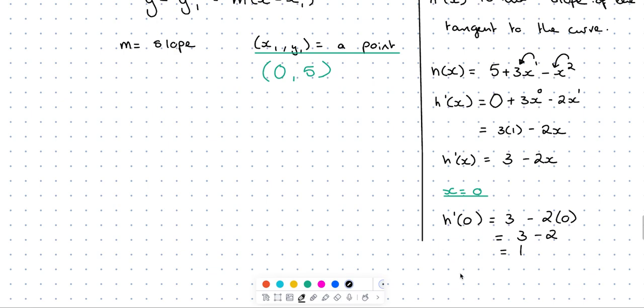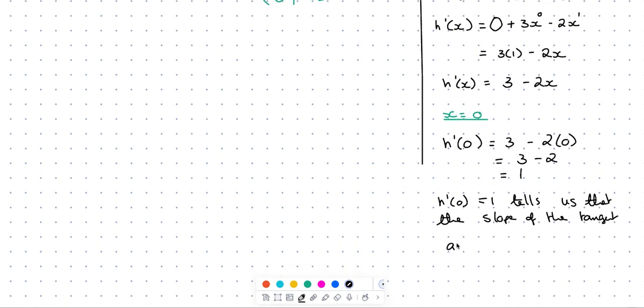That's what we've got. So what this actually means, the h prime of 0, which is equal to 1, tells us that the slope of the tangent at x is equal to 0, we know it's 1.